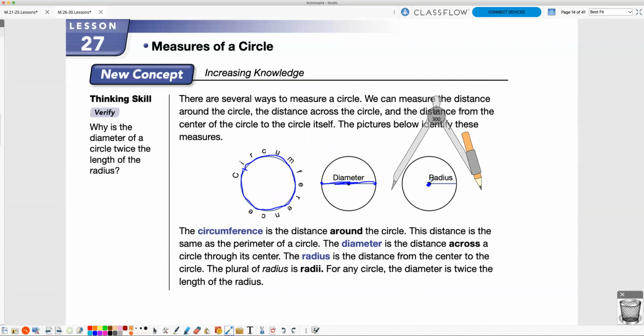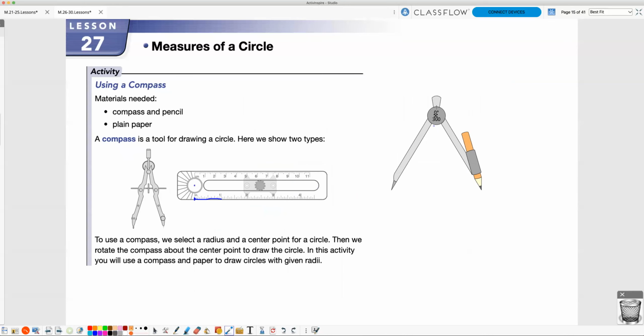So I'm going to go from the center point, which is what I would use on the tip of the compass, out to the outer edge and creating the circle, and I want that to be 1 inch in radius. I would take my compass and put it on the 0 point, and then I need to move my pencil to the 1 inch mark to make it a 1 inch radius.